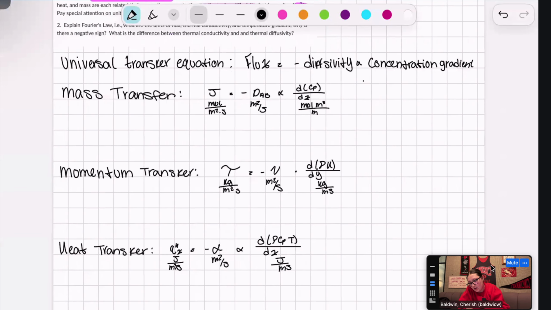All of these are related by their specific concentrations and negative diffusivity in meters squared per second.